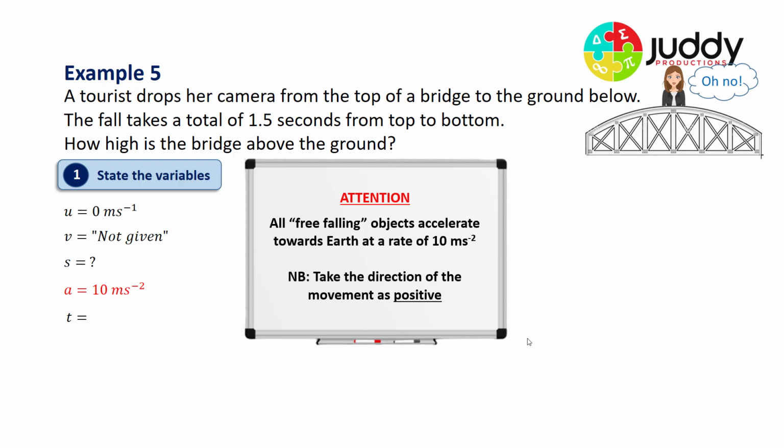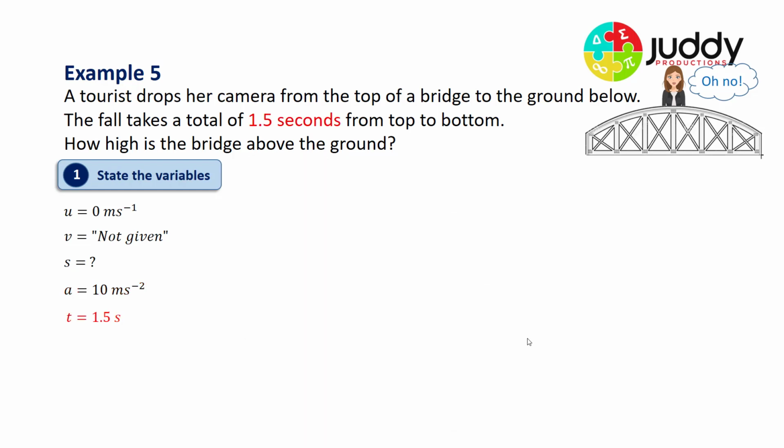This is a given scenario for any free-falling objects on planet Earth. And note, for simplicity's sake, take the direction of the initial movement as positive. So in this case, the camera is falling downwards, and so we're going to take that as a positive direction. And we'll use that for our direction referencing for our velocities and our displacement and acceleration. The time was 1.5 seconds. We're given that in our description.